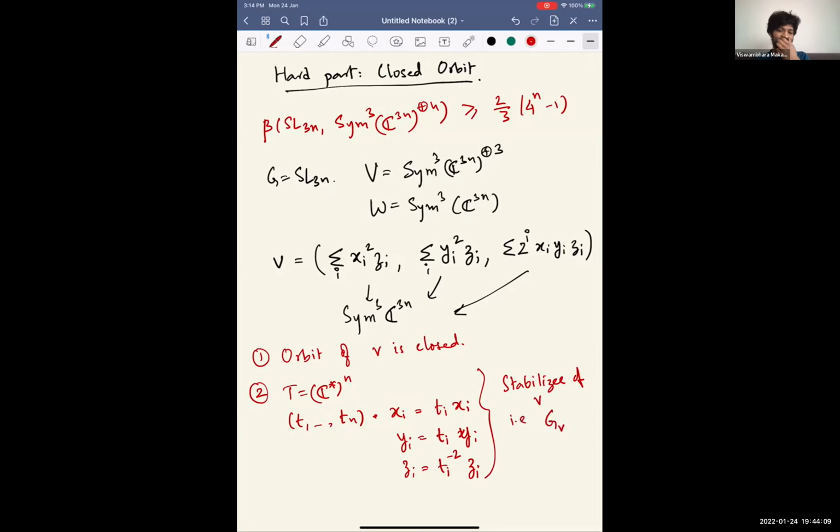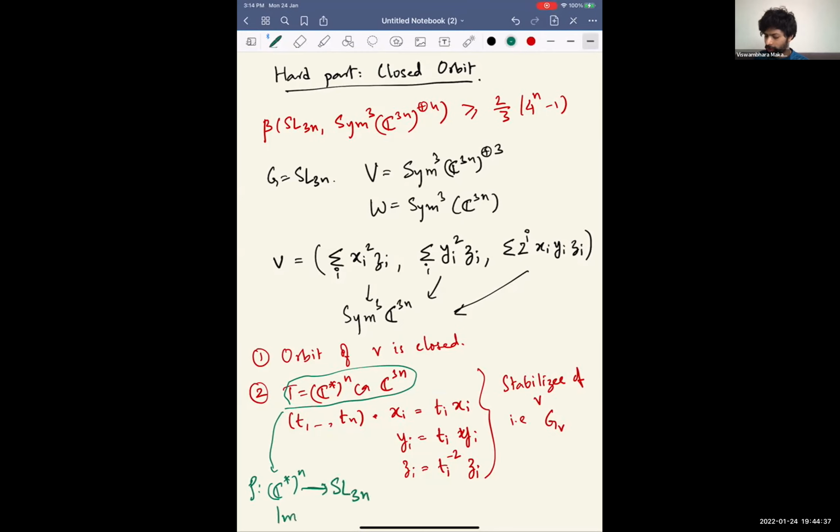Okay, so I will be just a little bit careful here. What I described to you is an action on C to the 3n, right? And so such an action corresponds to a map rho from C star to the n into GL3n, but it really goes through SL3n.